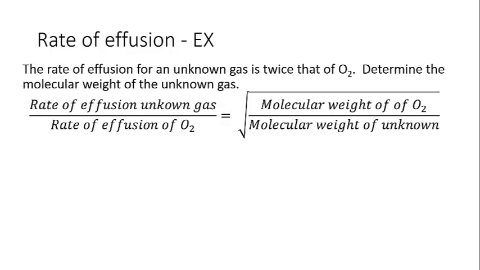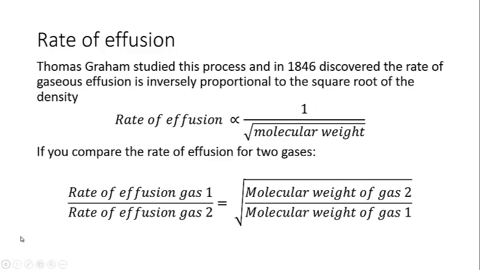If the rate of effusion for an unknown gas is twice that of O2, determine the molecular weight of the unknown gas. If you'll recall, Graham's law says that the rate of effusion of gas 1 compared to the rate of effusion of gas 2 is equal to the square root of the molecular weight of gas 2 divided by the molecular weight of gas 1.